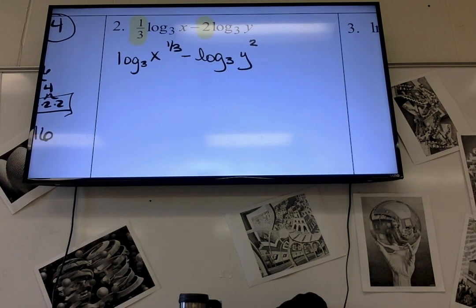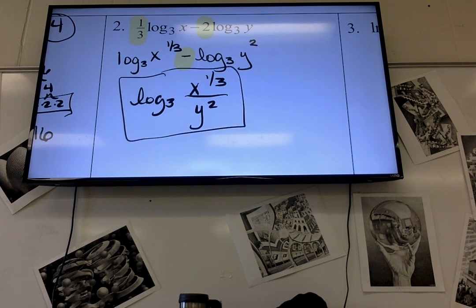All right. So now we have 2 logs that are subtracted. So how would I rewrite those? Division. So it's log base 3 of x to the 1/3 divided by y squared. Can't really simplify this because I don't know what x and y are.